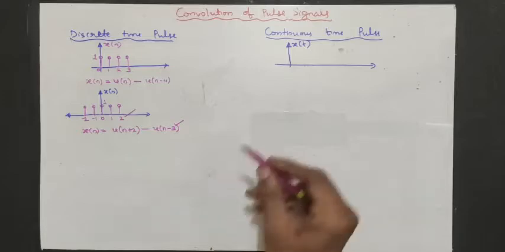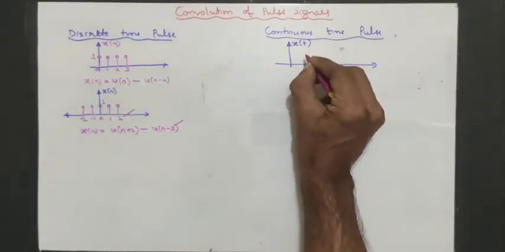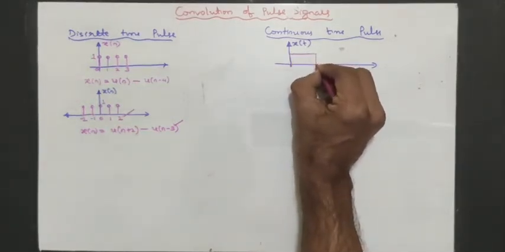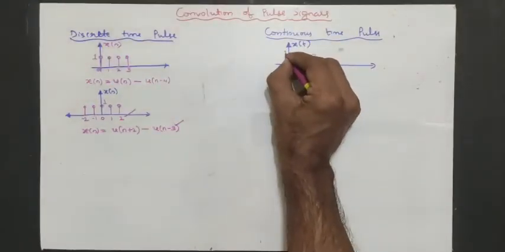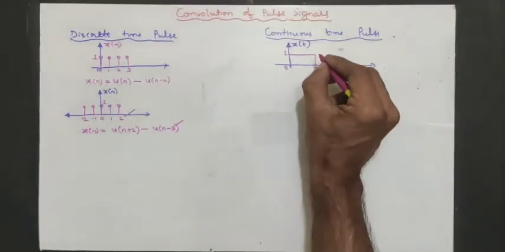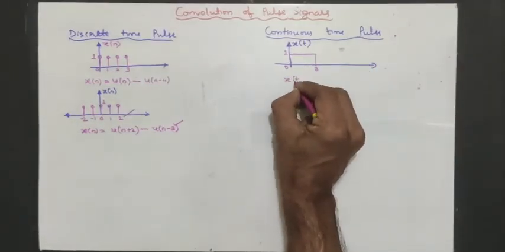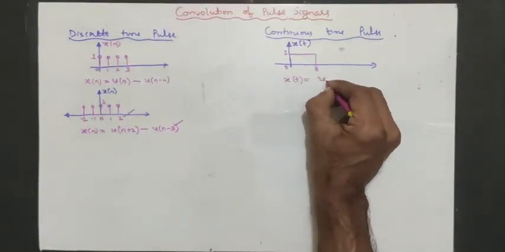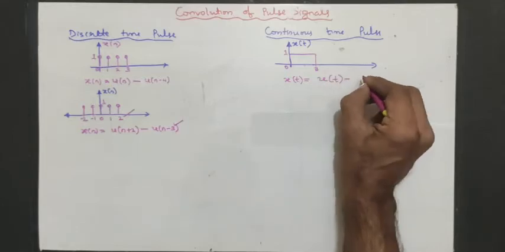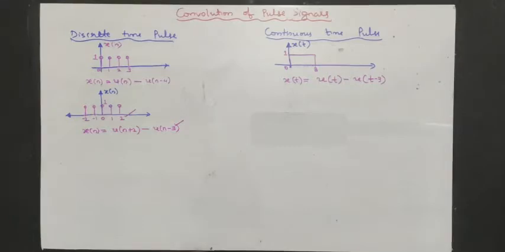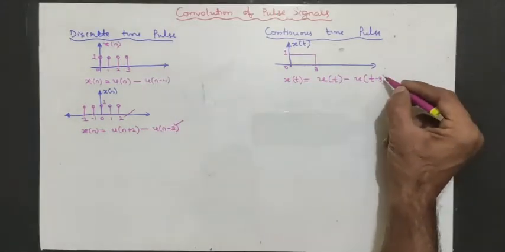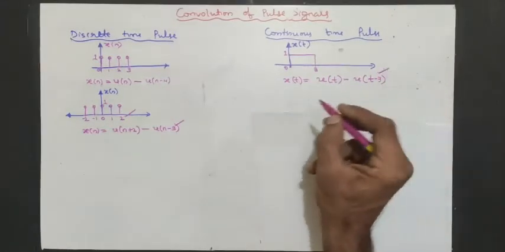Now the pulse which is given starts at 0 and ends at 3. This is a pulse with magnitude 1. Now how exactly to write this x of t? X of t is equal to, please check, u of t minus u of t minus 3. Here it is u of n minus 4. Here it is u of t minus 3.